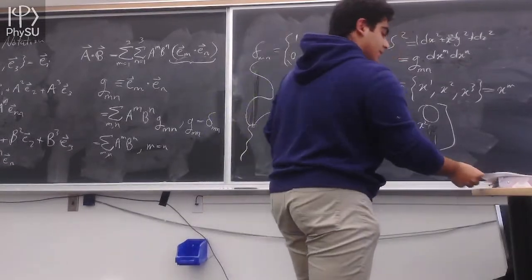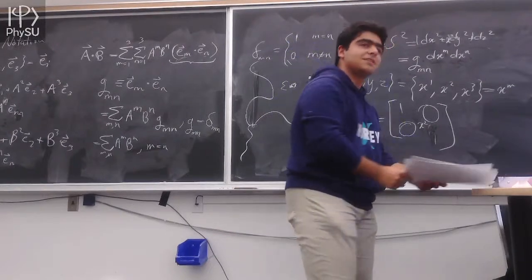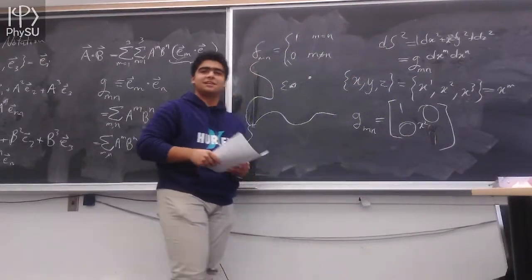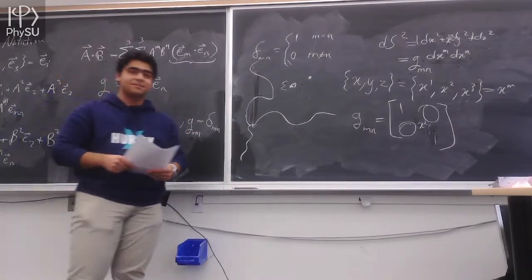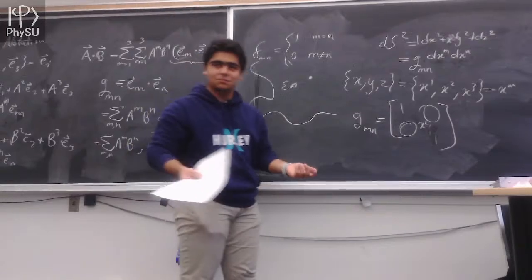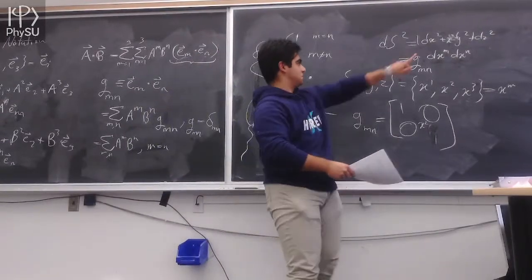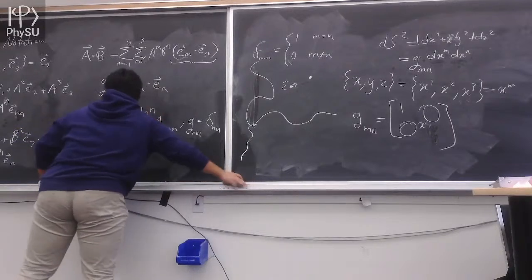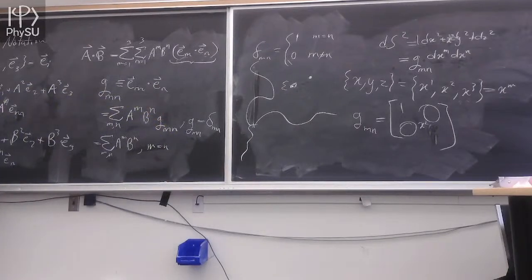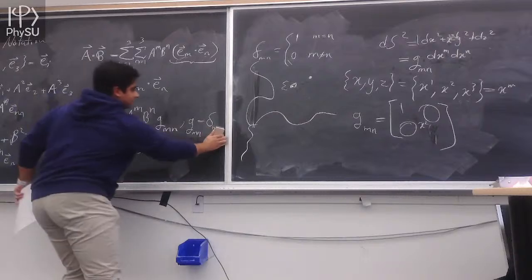And so if you ever visit your high school or see anyone that hasn't learned about this, you can just ask, do you know what the Pythagorean theorem is? And they say a squared plus b squared equals c squared. Say, no, it's actually ds squared equals g_mn times dx^m dx^n. Okay, I'm going to bring this to this side.